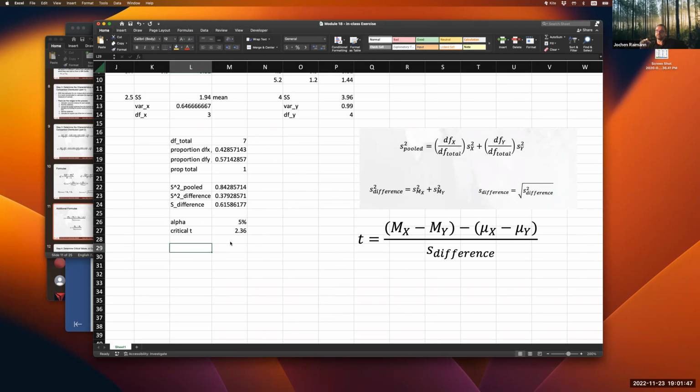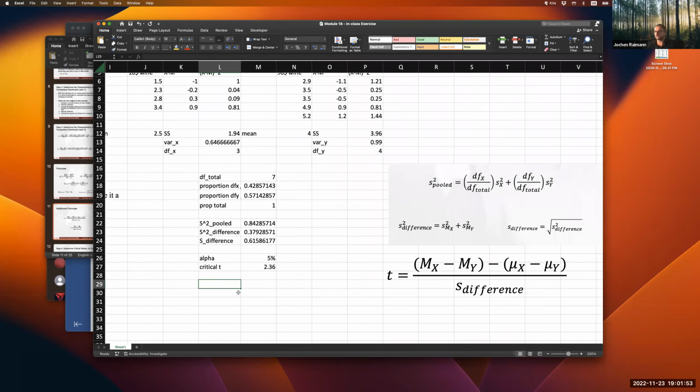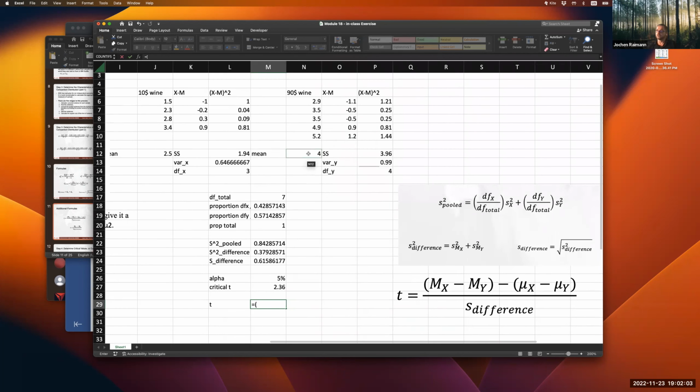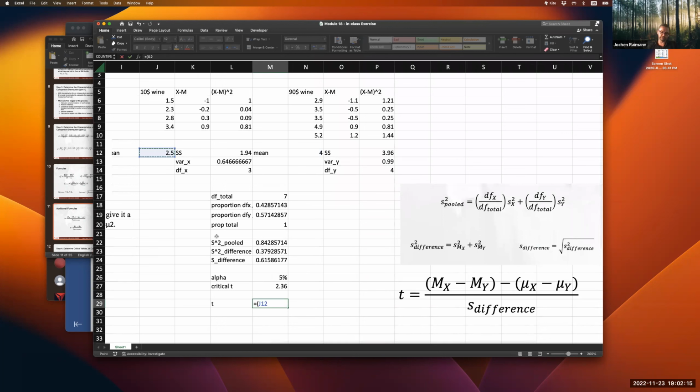So what does this mean? If we know that the difference here is, oh no, let's do the t calculation first. So the t calculation is now simply the mean of x minus the mean of y. It comes to the same thing because it's a two-sided test, but let's follow the format of Norn and Heinzen.